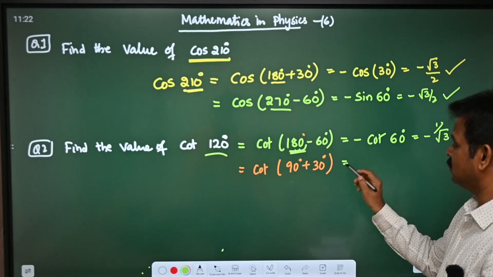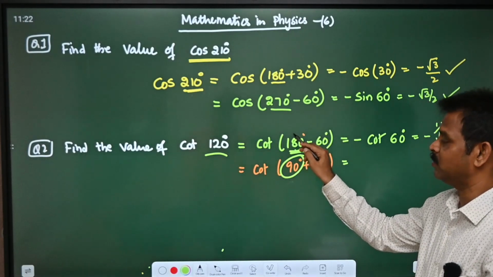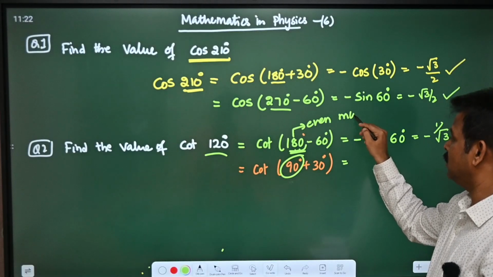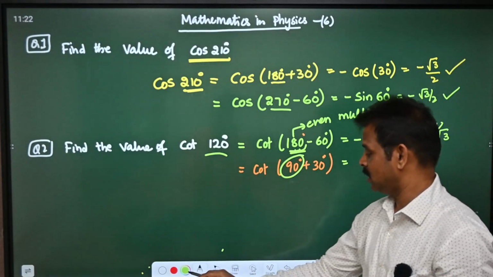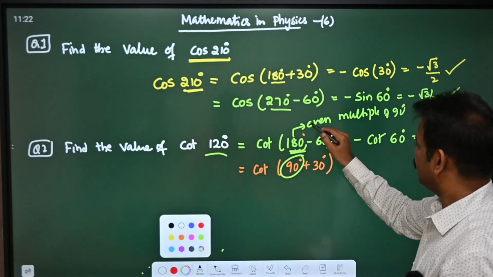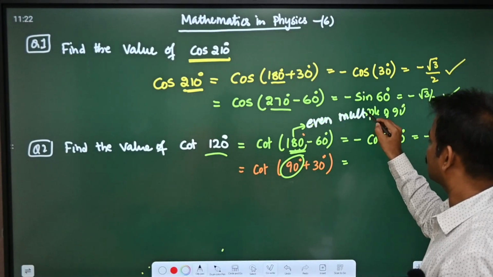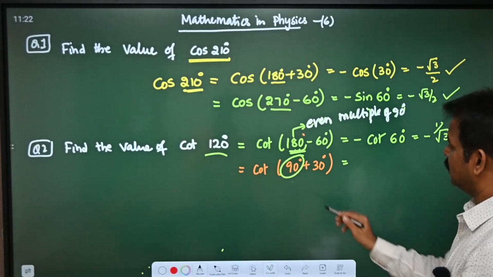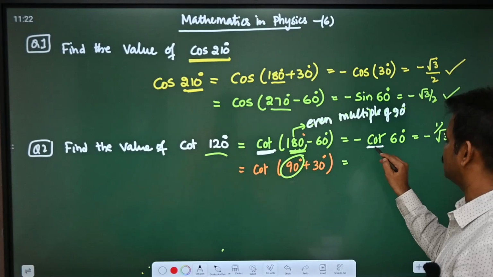Cot of 90 plus theta, this is a multiple of 90, actually an odd multiple of 90. For an even multiple of 90 degrees, I am repeating, for an even multiple of 90 degrees, the cot, sine, cosecant or secant ratio remains the same.